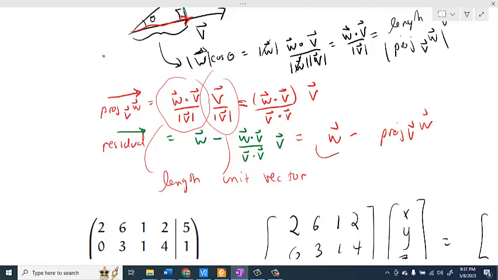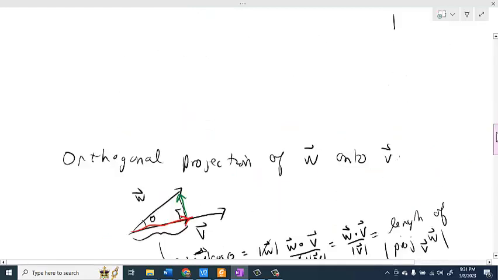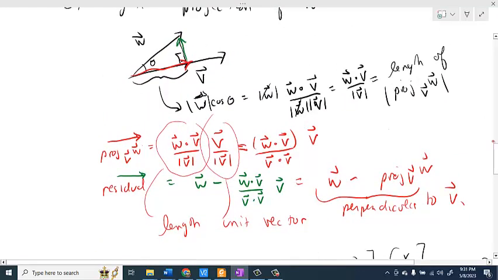And this vector is perpendicular to V. You actually have the Pythagorean theorem, which is something you might think about proving. The length of this red vector squared plus the length of this green vector squared is equal to the length of W squared. And you can actually work that out just using algebra. What's the length of this vector here?